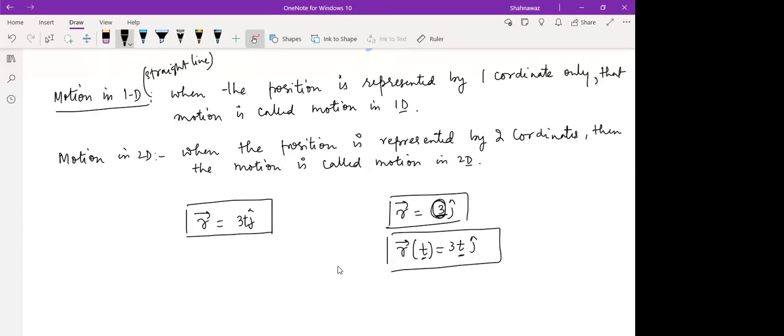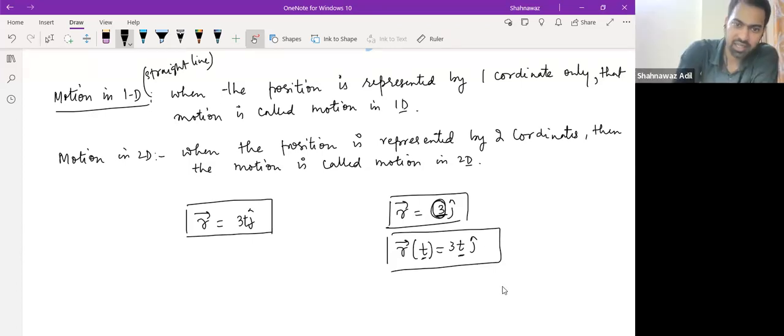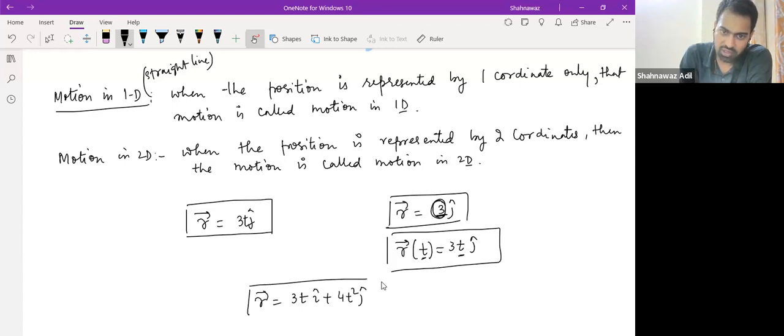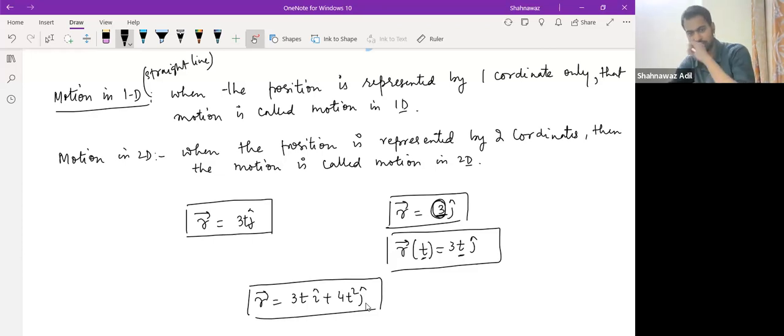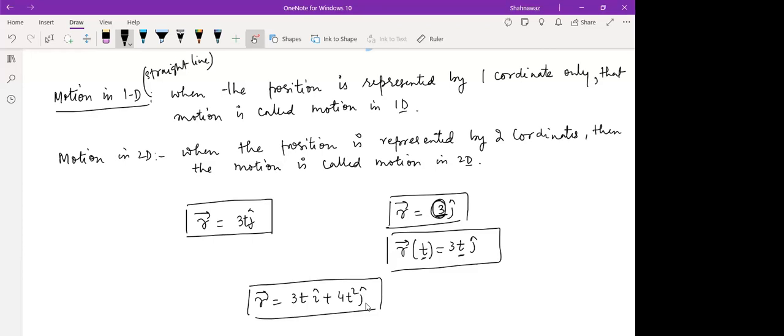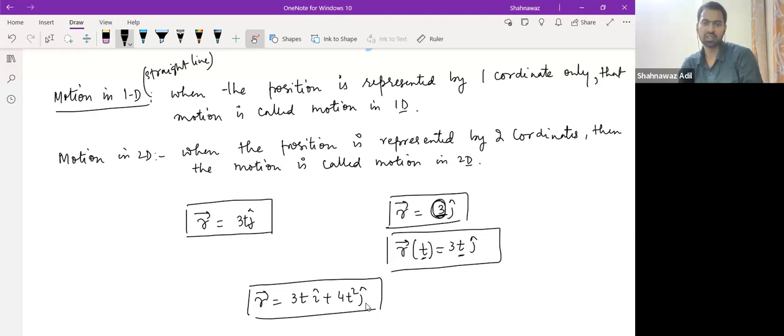Yes, sir. Yeah. So if I write r as 3t i plus 4t square j, so this is 1D or 2D? 2D, sir. This is motion in 2D, right?